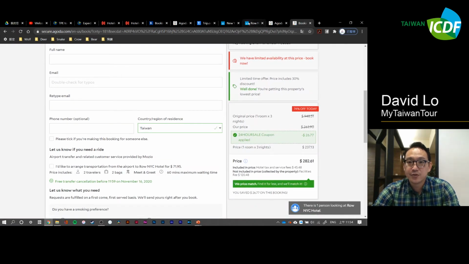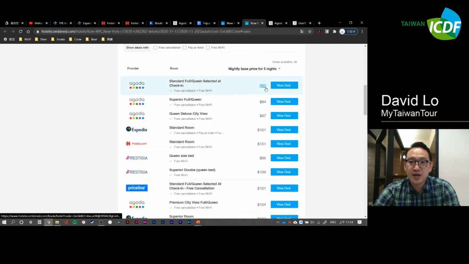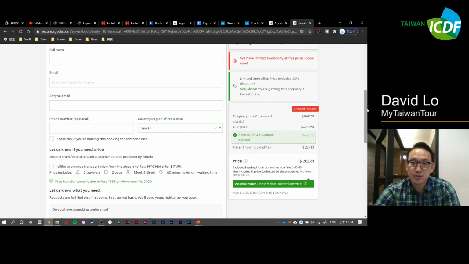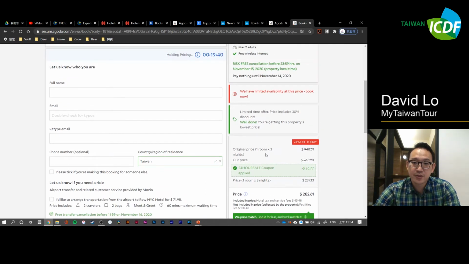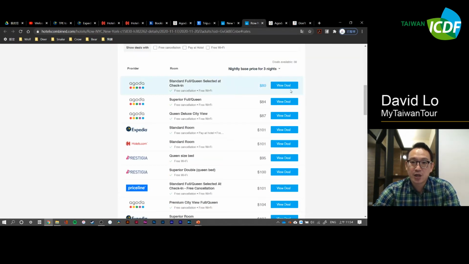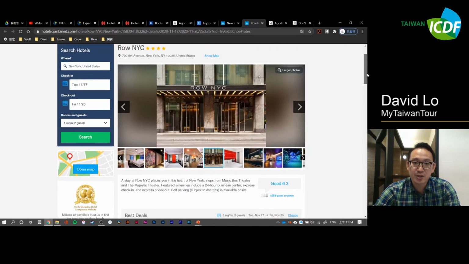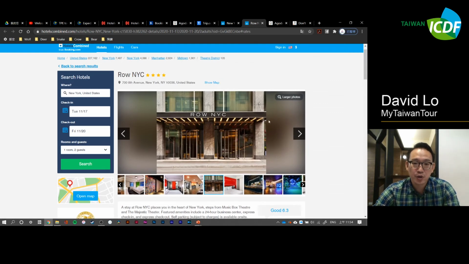Okay, so say $80 per night. So 3 nights should be $240. But on Agoda, the 3 nights total price is $282. So like I mentioned, it may not be the final pricing. Hotels Combined, or these Metasearch sites, are able to help you compare all the prices together at once.